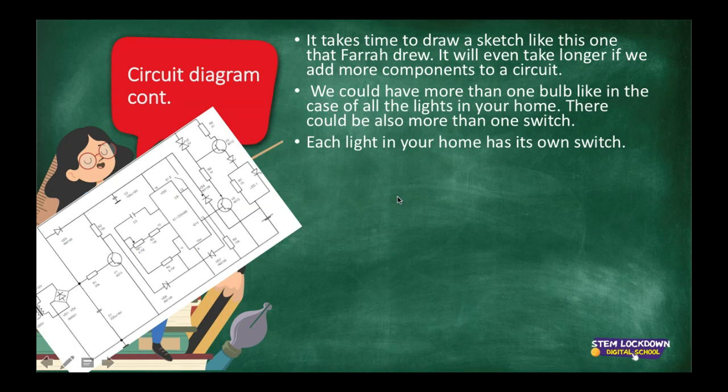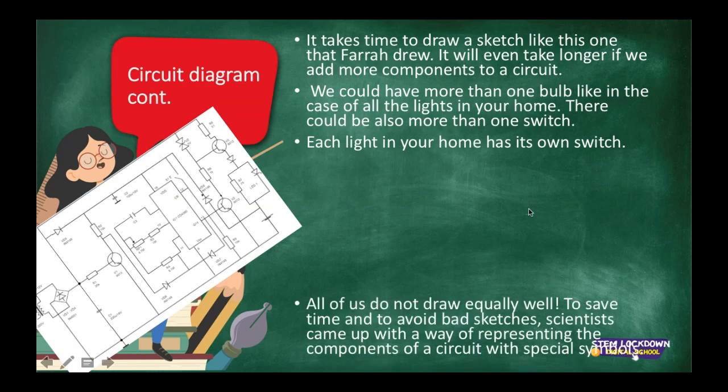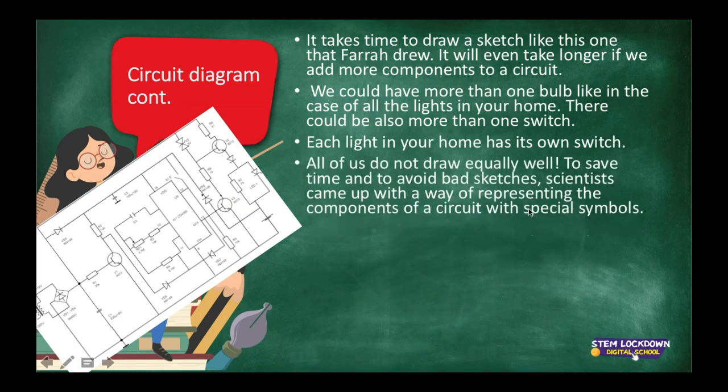Each light in your home has its own switch, unless of course you have a switch that, if you turn it on, switches on about 3 lights. All of us do not draw equally well. To save time and to avoid bad sketches, scientists came up with a way of representing the components of a circuit with special symbols.